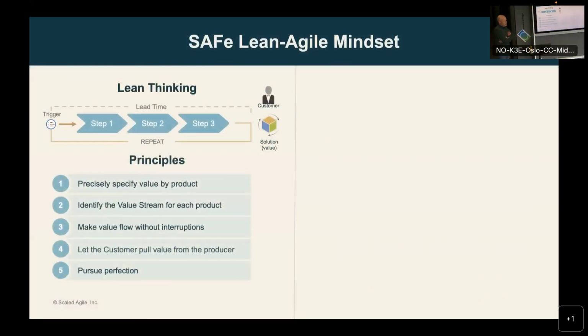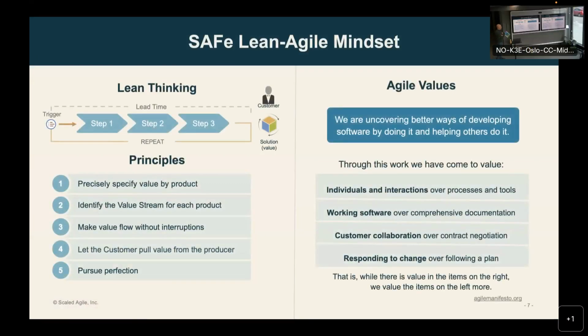And the mindset is split up into basically 3 parts. You have the lean thinking, which derives from the Toyota lean practices. Lean, as I guess you also know, has principles based around most of the basic lean elements, like pursue perfection, but also the Agile Manifesto through the Agile values.